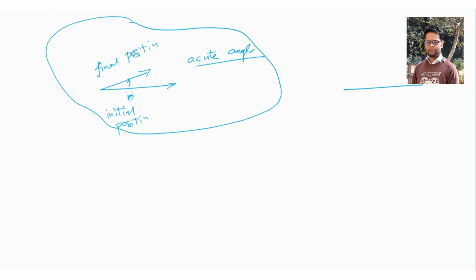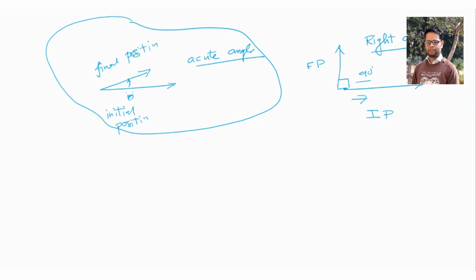The next picture is this. This is the initial position and this is the final position, and they make a 90-degree angle. This is called a right angle.